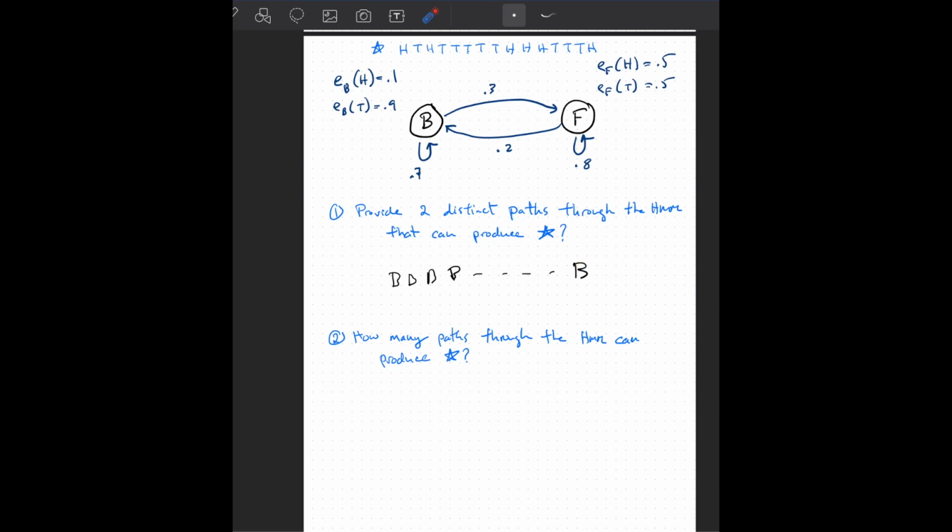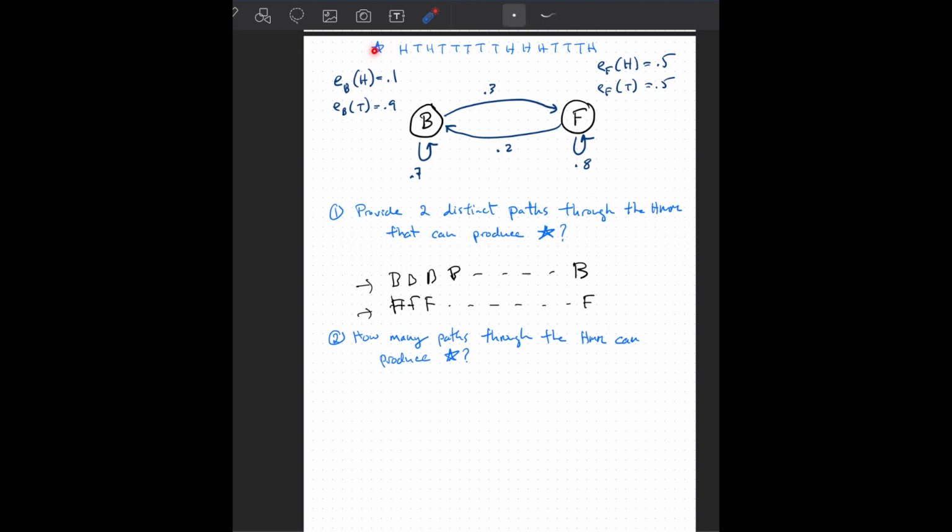Here's another example. I could just stay with the fair coin the whole time. Now, which would be more likely, actually? That's a good question. Which of these two possibilities is more likely given this particular star?